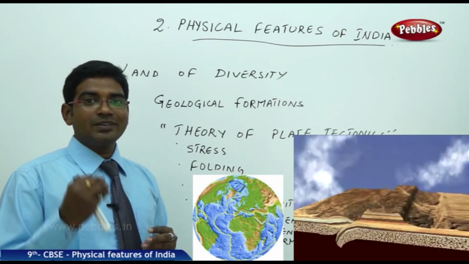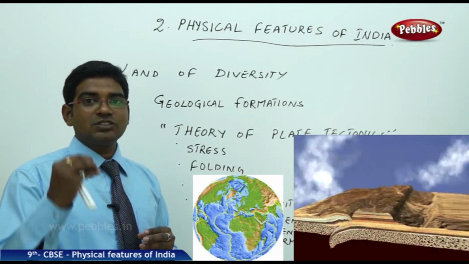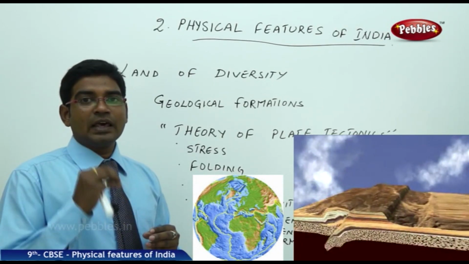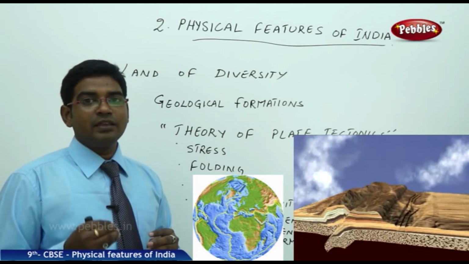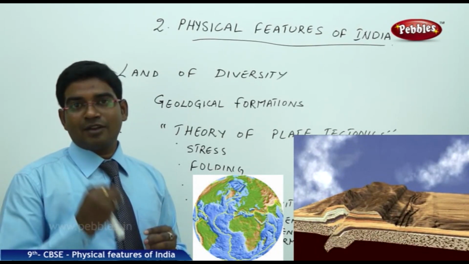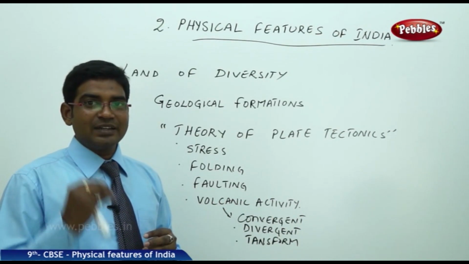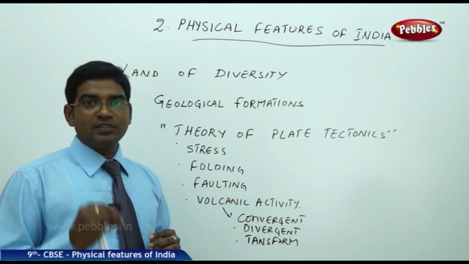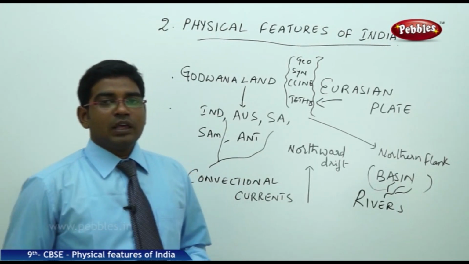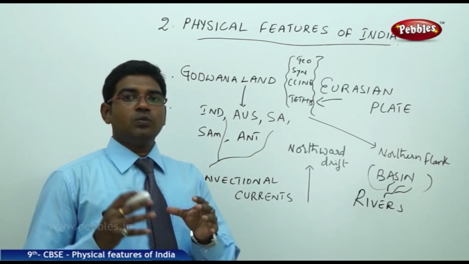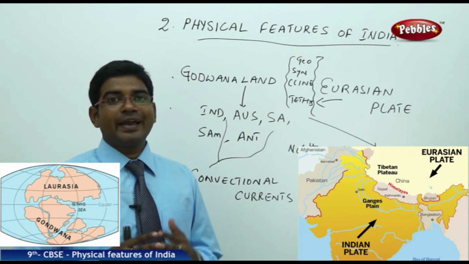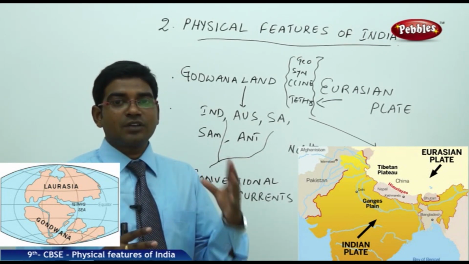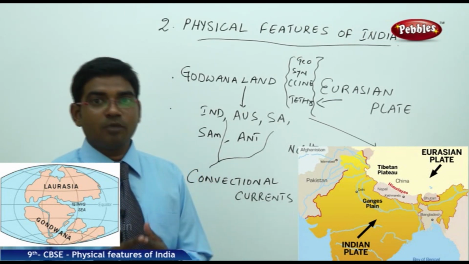What changes in these plates resulted in the formation of the Himalayas, then the plains, then the other landforms, we shall discuss in detail in this lesson. Let us now see how the Himalayas, the Peninsular Plateau as well as the northern plains have been formed.